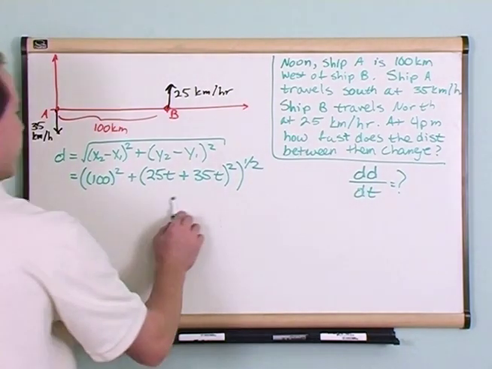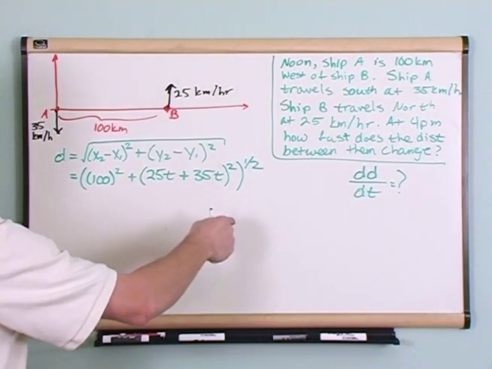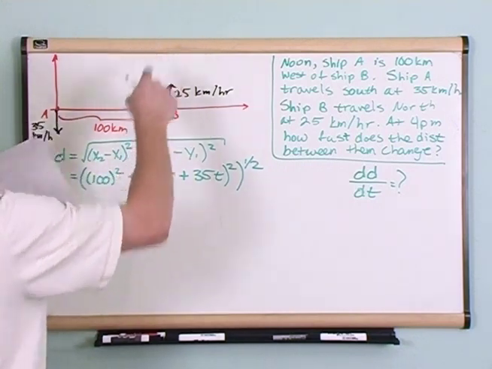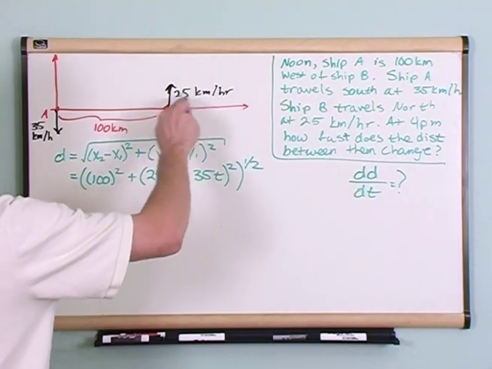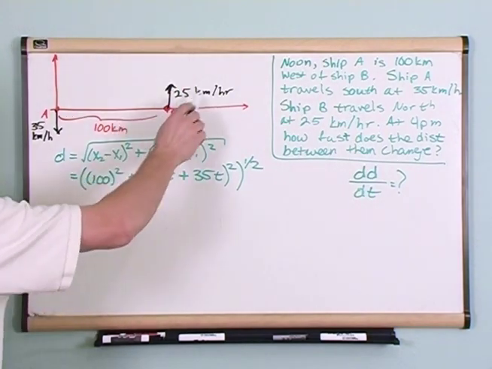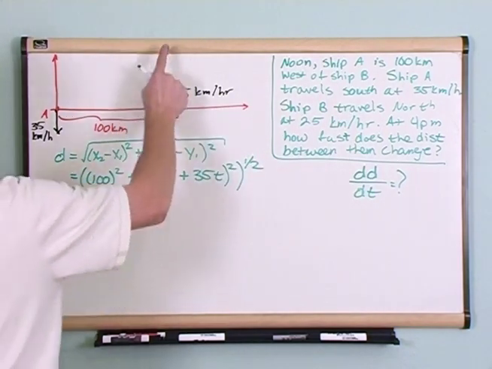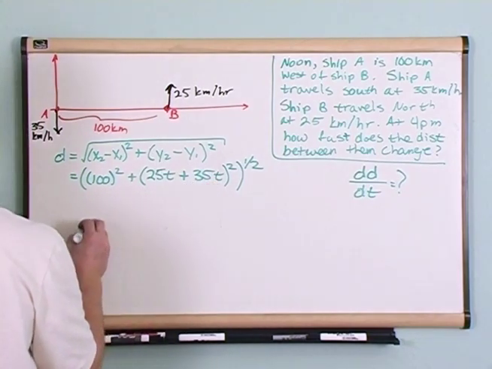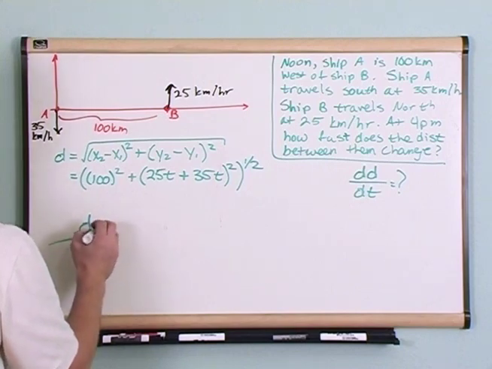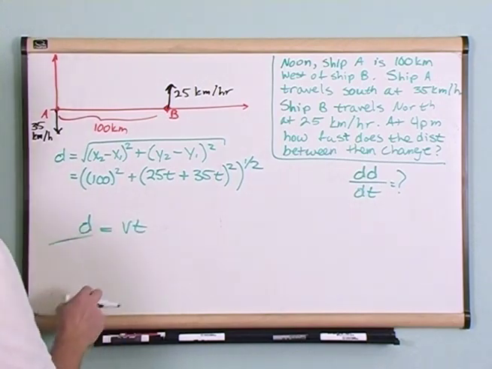How do we get this stuff here? Well, at any given time, I want to find out how far apart they are. I want to find the distance in y. Well, this guy is traveling north at 25 kilometers per hour, and at any given time, his distance d is equal to velocity times time.